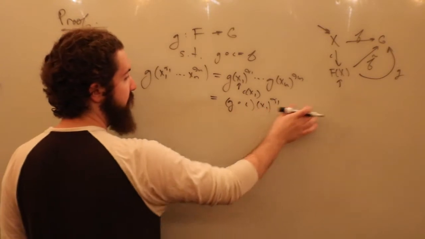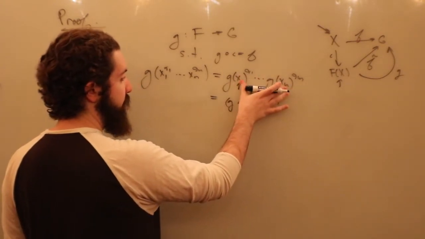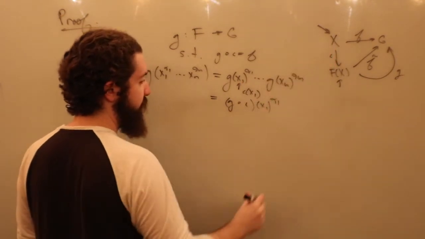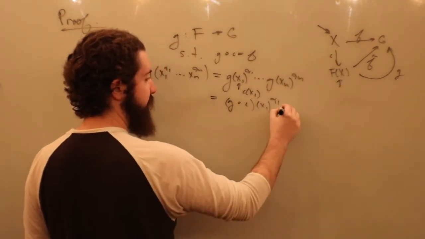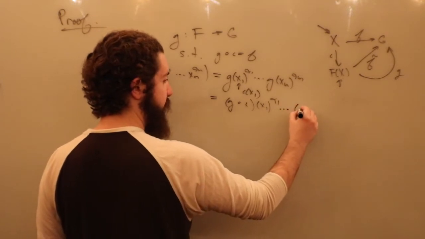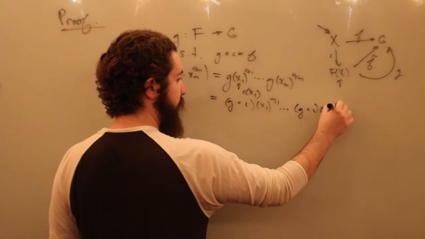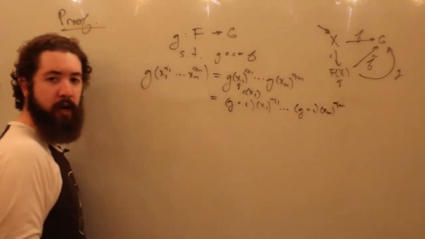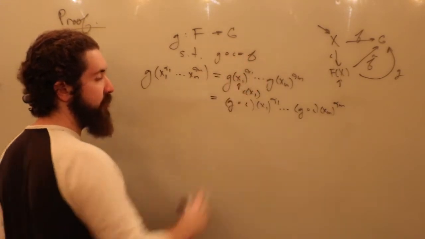And we can do that for each element, since we broke it down into elements which are from X, right? Which are the inclusions of X in F of X. So we write this as the product G composed with iota, like so. And now by definition, this has to be equal to F, right?